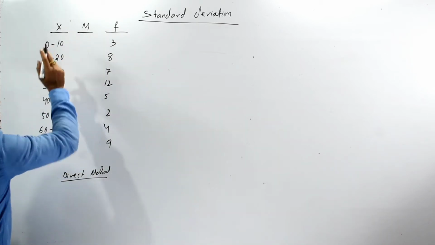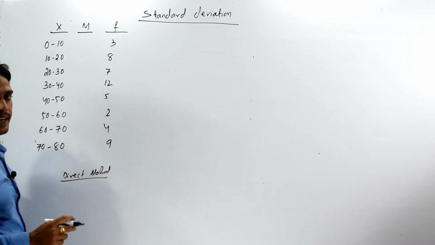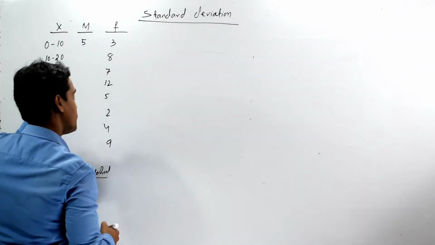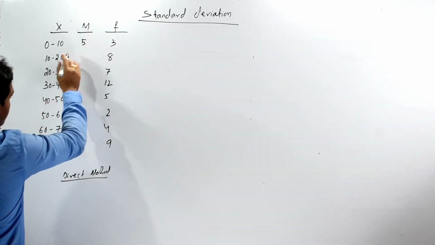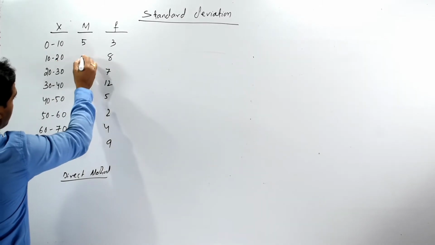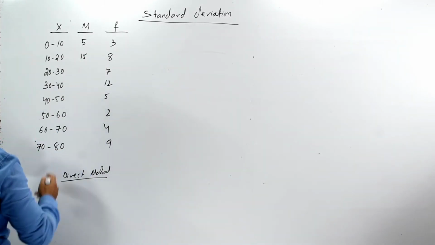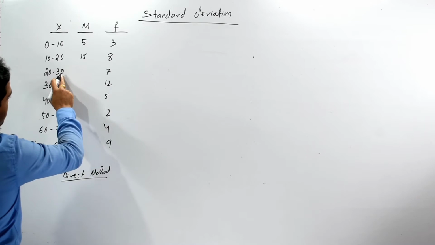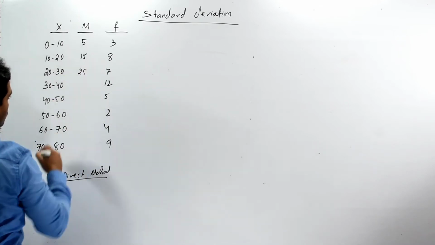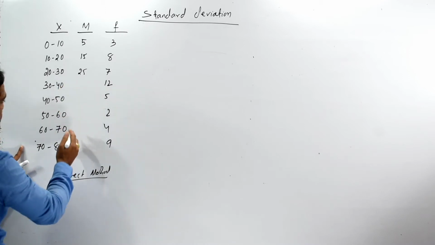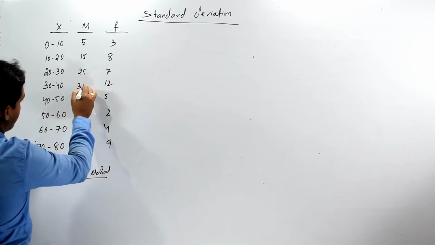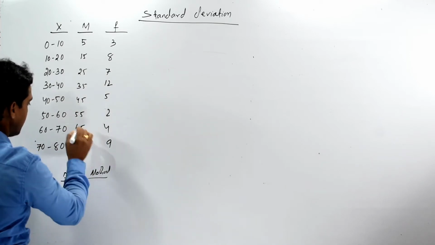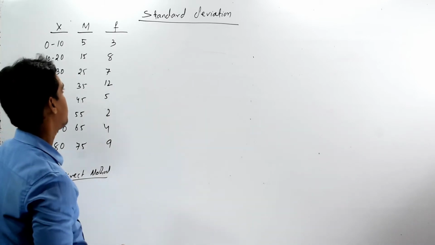So the midpoint of the first class is 0 plus 10, that is 10 by 2, that is 5, and the midpoint of the second class, 10 plus 20 equals 30 divided by 2, that is 15, and the midpoint of our third class, 20 plus 30 equals 50 by 2, that is 25, and similarly the midpoints of the other classes are 35, 45, 55, 65 and 75.